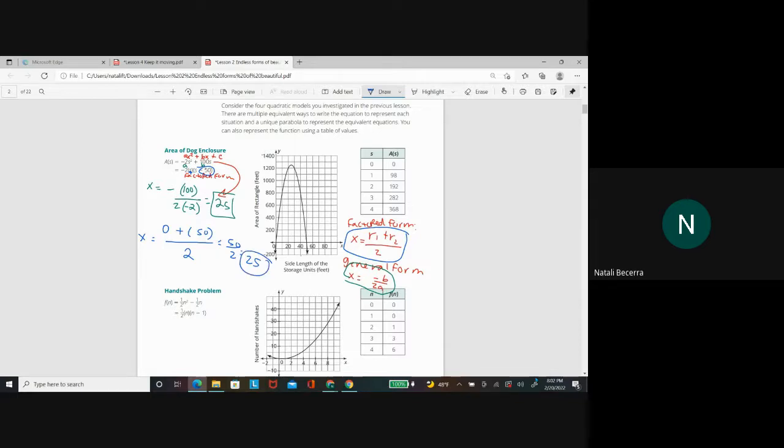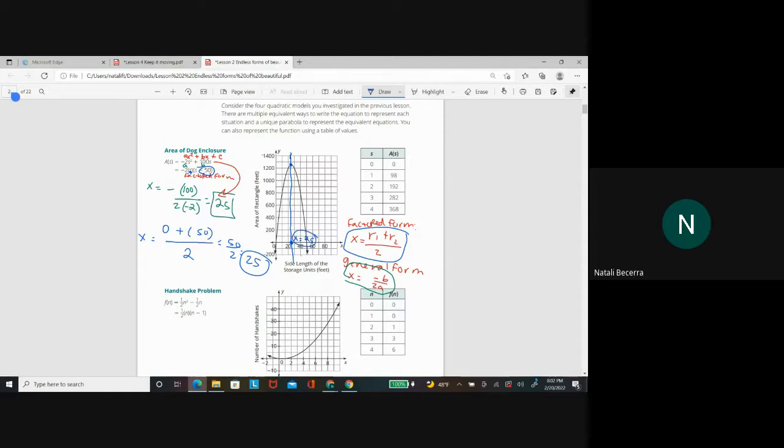Now, if you have a graph, it's really convenient because if I cut this in half, if I find the vertex is right here. I cut through the vertex. I'm trying to do it as straight as I can. And it crosses right here. And that value is when x equals 25.